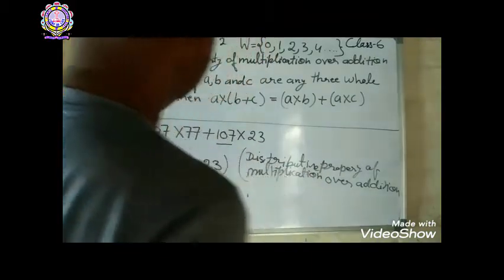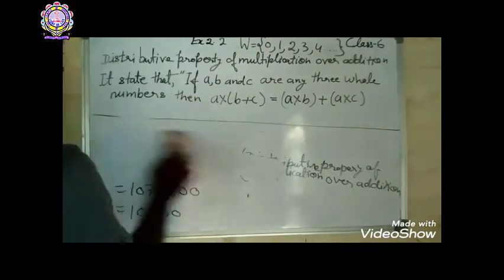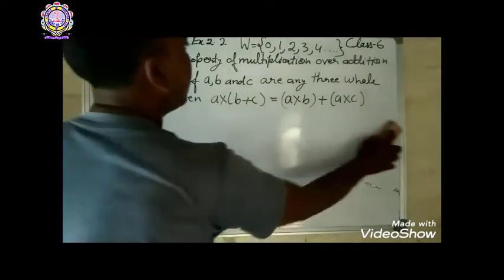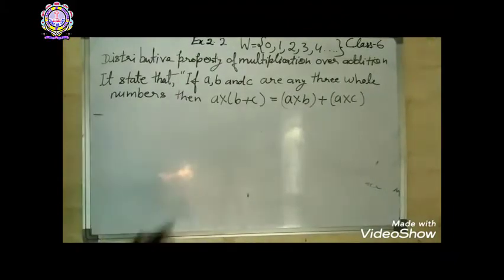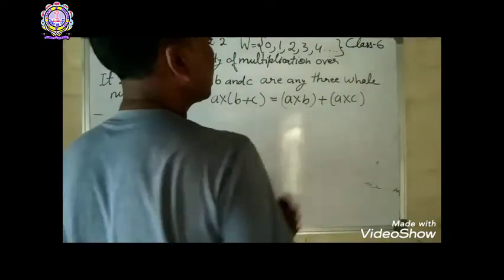Now, the next property is the distributive property of multiplication over subtraction.